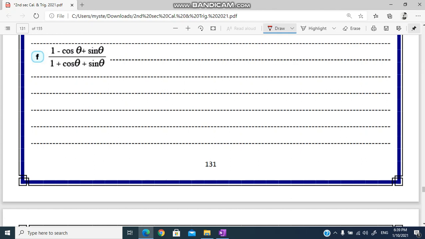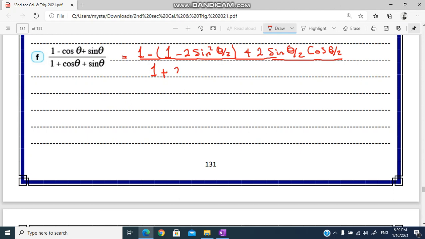So we can expand cosine theta and expand sine theta. So 1 minus cosine theta, I will choose 1 minus 2 sine power 2 half the angle, so theta over 2, plus I can expand sine theta to 2 sine theta over 2 cosine theta over 2, over 1, plus I will choose another rule for cosine theta.